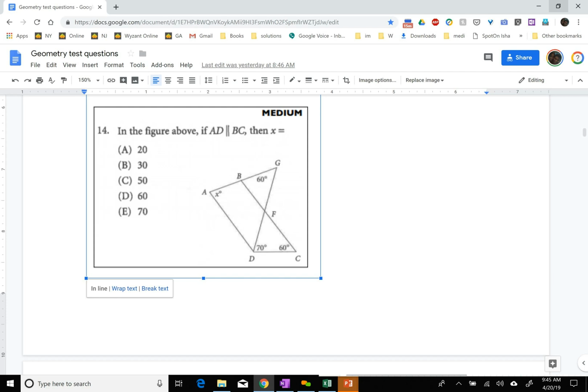First, I found the little triangle on the right here. This one as 50, right, for that angle?